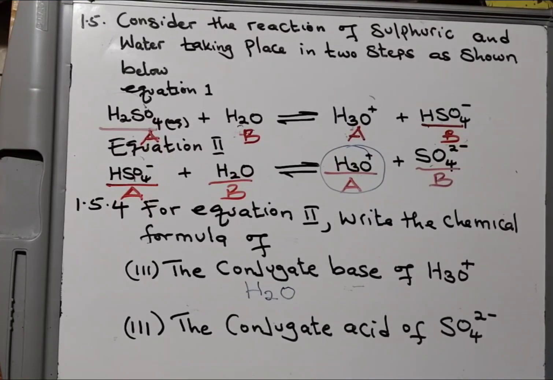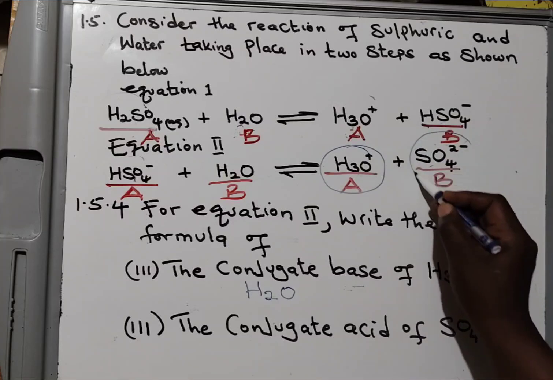Then we come to the closing question of this video. The question says, write the formula of the conjugate acid of sulfate ion. So this is what we are having.